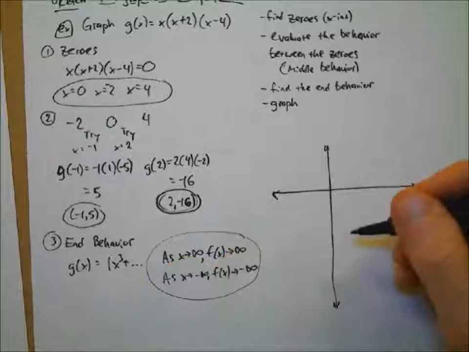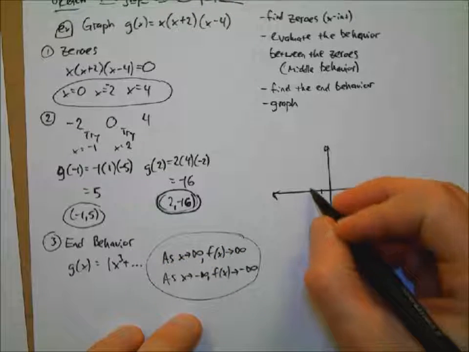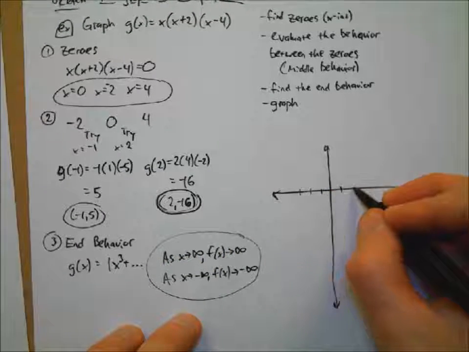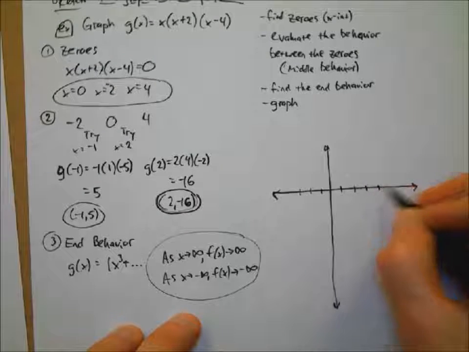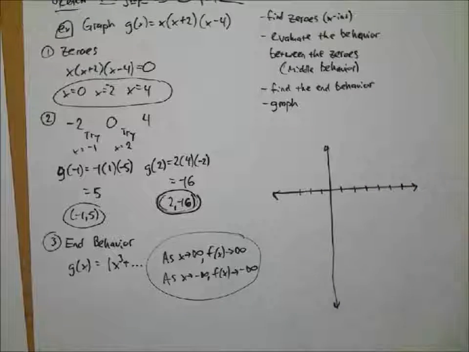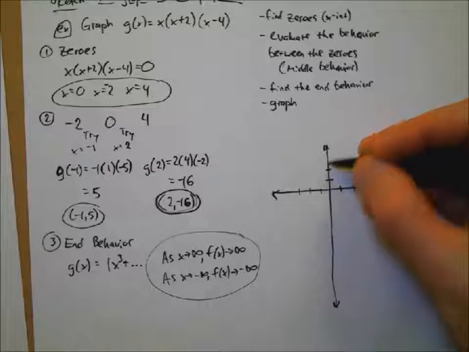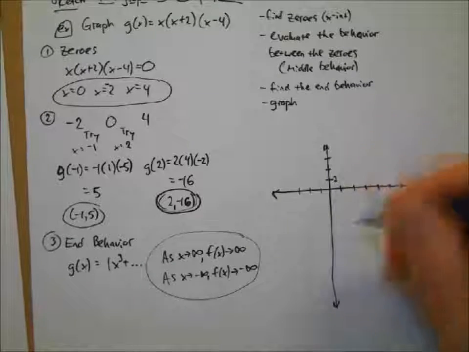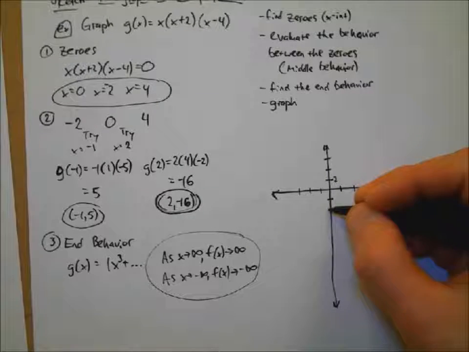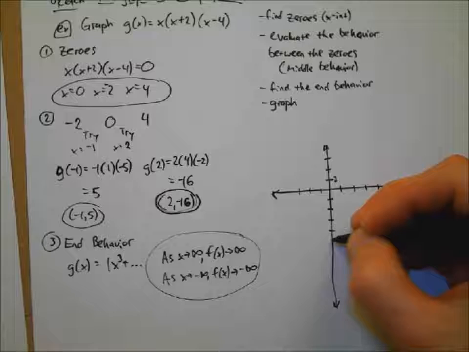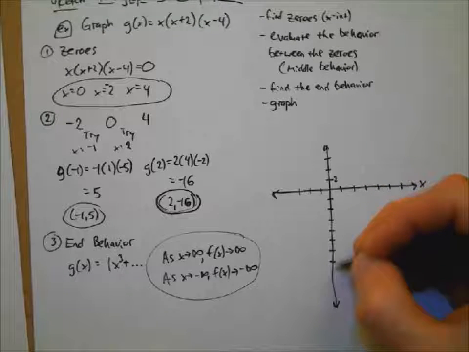All right, so let's see. So 1, 2, 3, 1, 2, 3, 4, 5, 6. I don't know why I went that far, but I did. Okay, and then 2, 4, 6, 8, 10, 12, 14, 16.